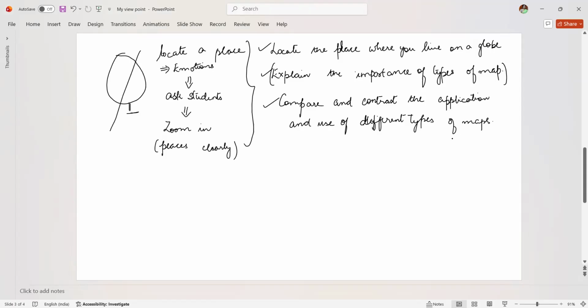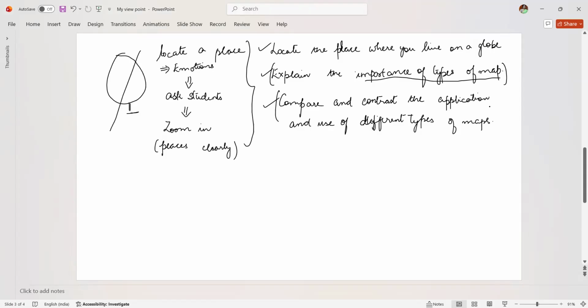The major reason is it's not only needed that they know the importance, they must be able to validate when to use what type of maps. Remember, it's not about looking for maps, it is about using in their day-to-day life that is more important.